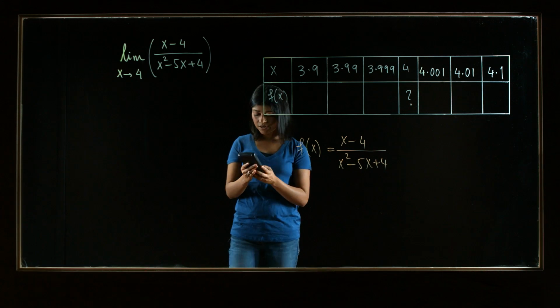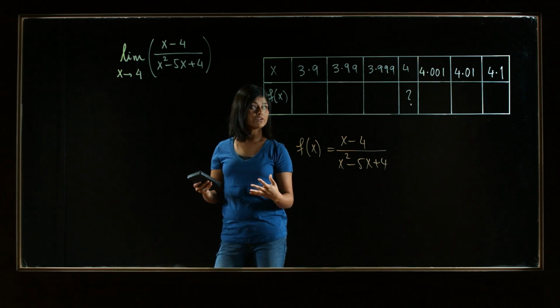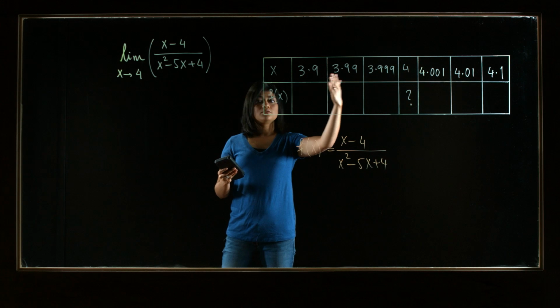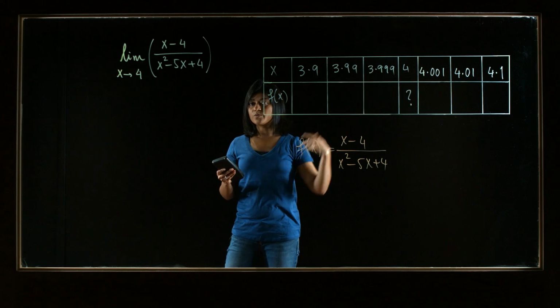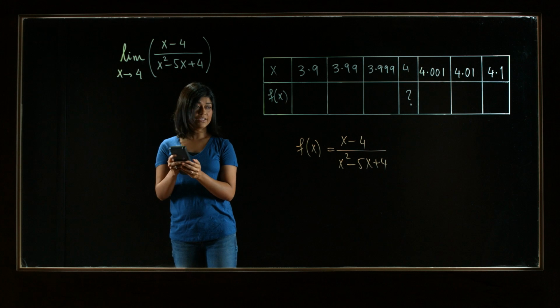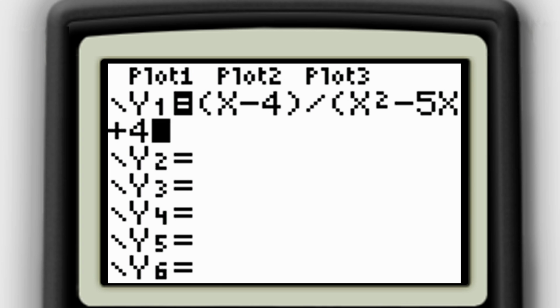And we can start by graphing the function, so we have an idea about the function, and then use the trace to figure out the y values for the corresponding x values. Okay, so write down y equals your function, that is x minus 4 divided by x squared minus 5x plus 4.